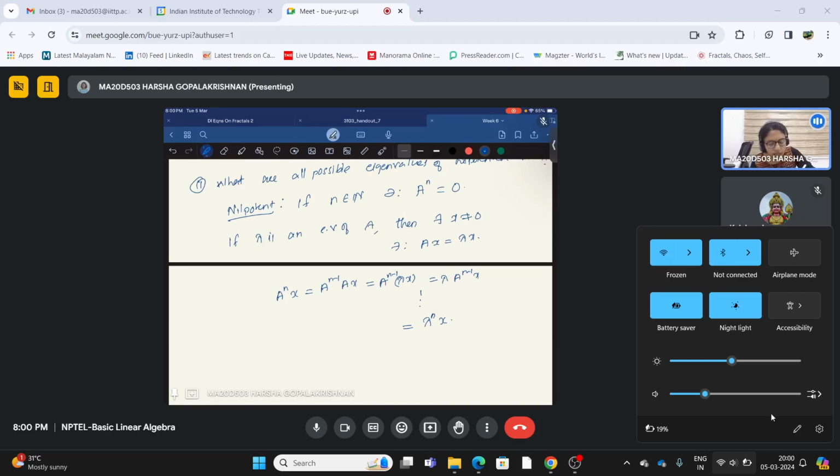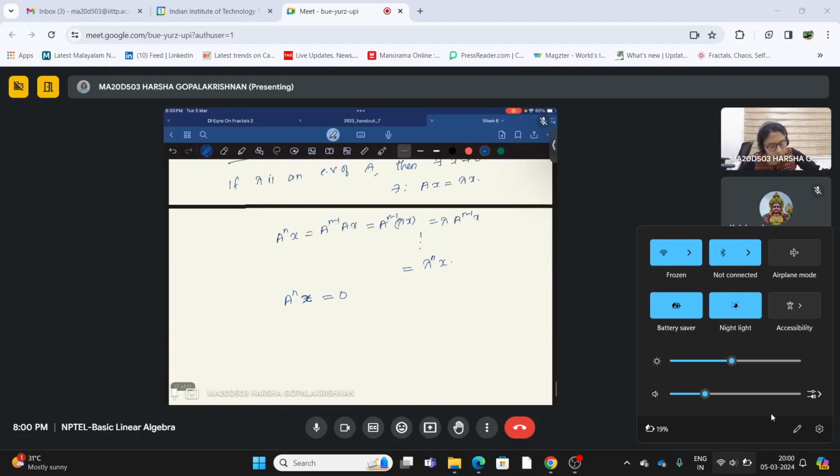Okay. Now what is this A power n x actually? By using nilpotency, what is A power n? 0. So 0 into x means 0, right? So what we are getting? Lambda power n x equals 0.